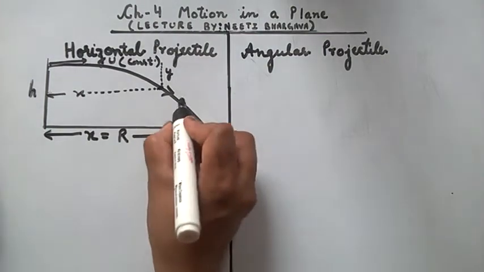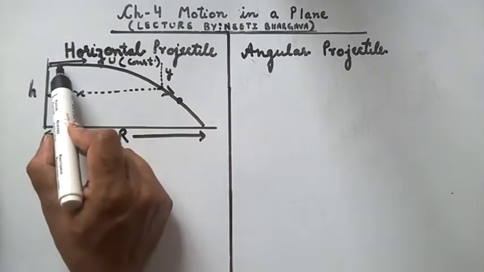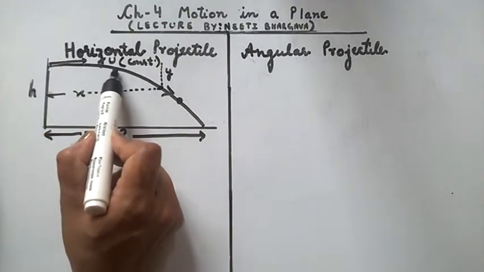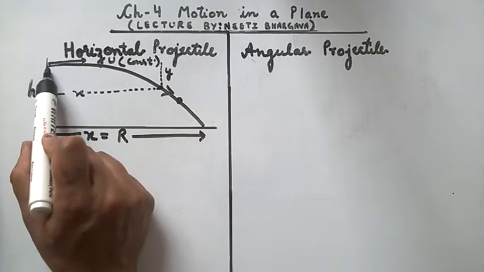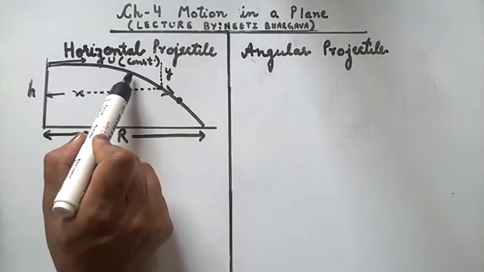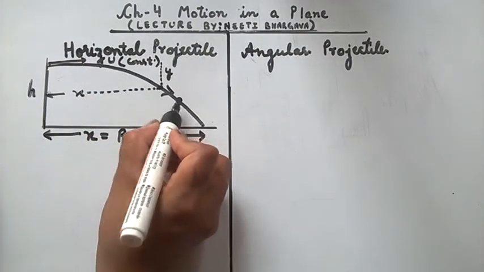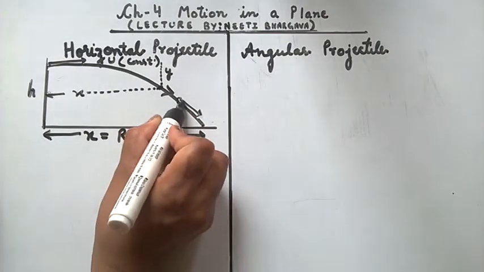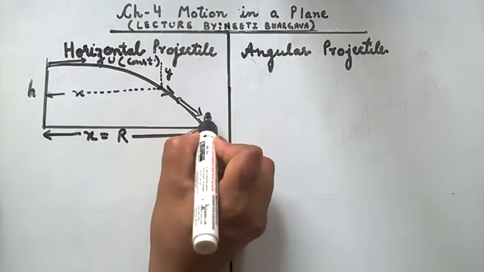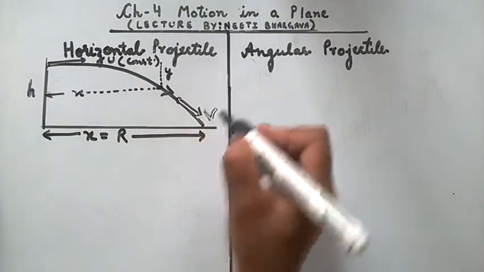At some position, the velocity in the y direction is changing with time. Initially it is 0, and with respect to time and position it will change. So here let the resultant velocity make an angle, tangential to the path.